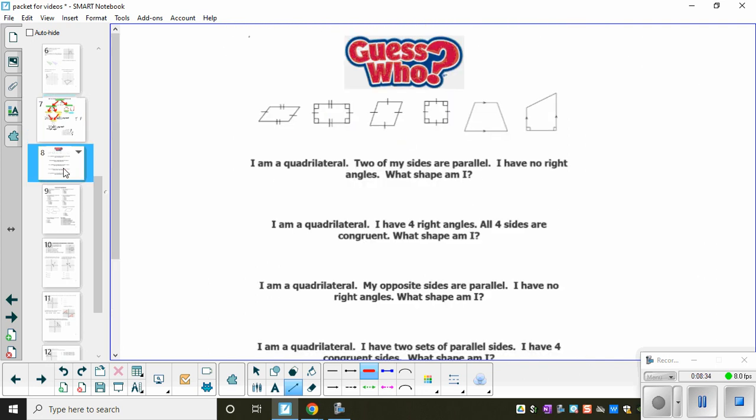All right, so let's flip over here and let's practice determining what the shape has to be based on the different qualifications or descriptions, I should say, of the shapes. You might remember up top here, we have the quadrilaterals that we just reviewed. Looks like here we have our parallelogram. This is our rectangle. This is the rhombus. This is the square.